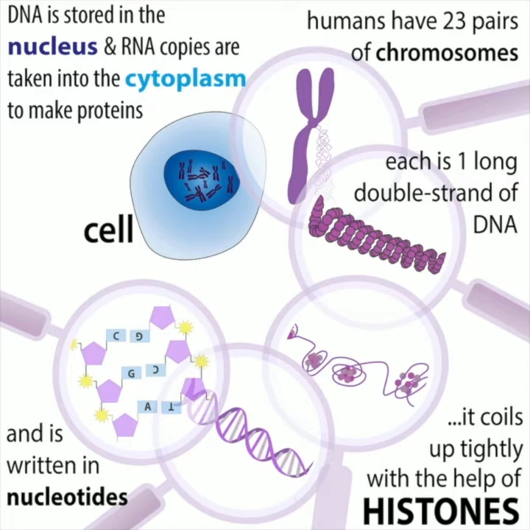And these histones have tails, so the ends of the protein stick off and wag around, and they can get modified by things like methylation and acetylation. So basically these extra chemical groups get added onto them, and that affects how tightly the DNA gets wound. So we call these epigenetic modifiers.